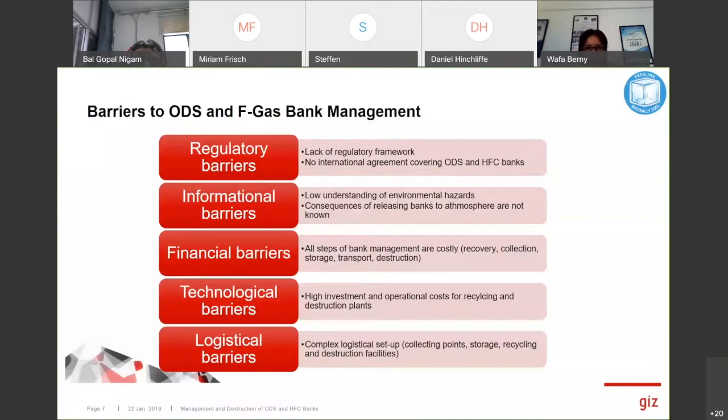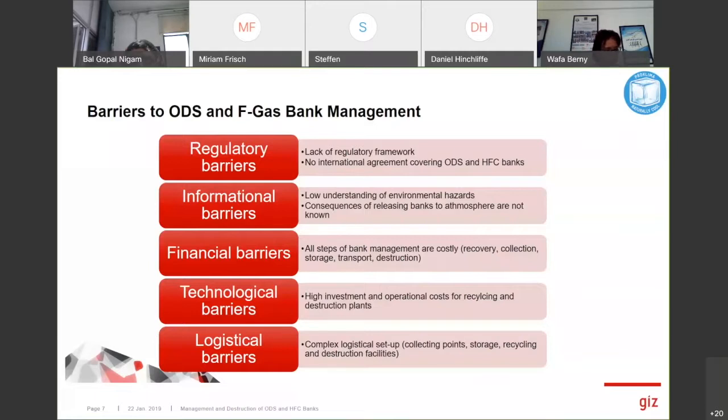Because so many actors are involved, a clear financial system has to be established, which could be an extended producer responsibility scheme. But still, those recycling and destruction plants require high investment and operational costs, so one has to cover them.